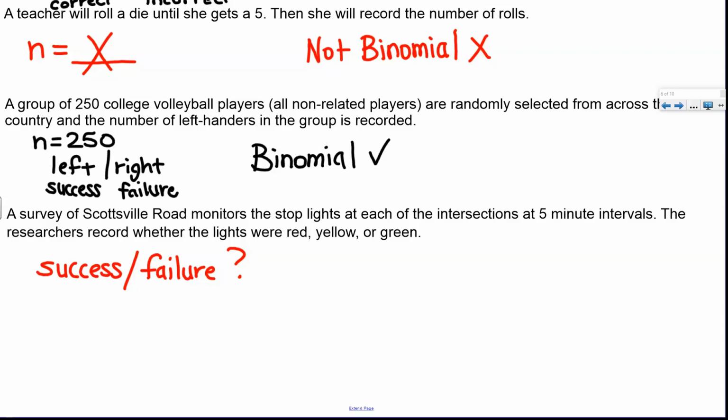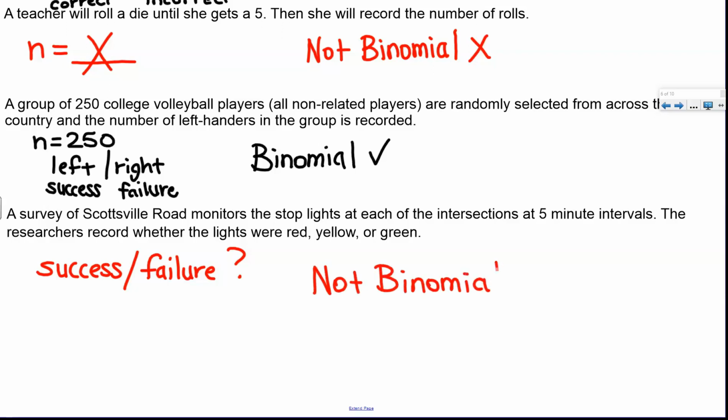So sometimes you just have to change the setup of your experiment to make it binomial. Some of them aren't going to work at all. But sometimes you can adjust it so that instead of just recording what color it is, I'm going to look at a certain color as a success and everything else as a failure. So this one, as it is, would not be binomial.